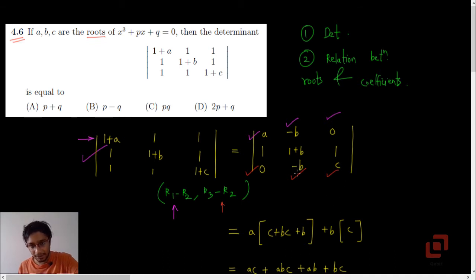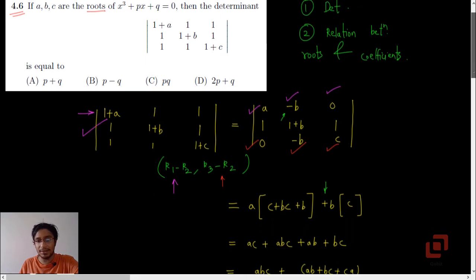Now I have expanded this using our standard determinant expansion along the first row. So it will be a into (c plus bc), plus b, since b has acquired a negative sign, so its cofactor will be minus 1 times its minor, so plus b into (1 into c minus 0 into 1), so just c.